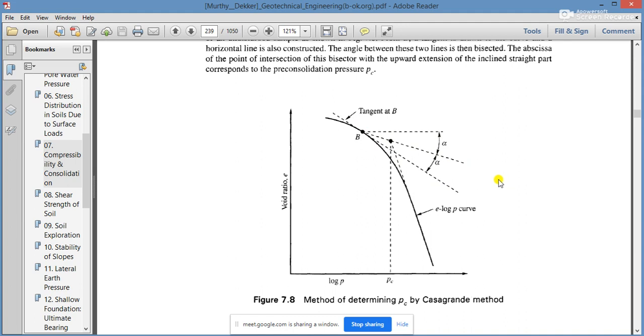Now you are getting two angles, and alpha is the value of each angle.